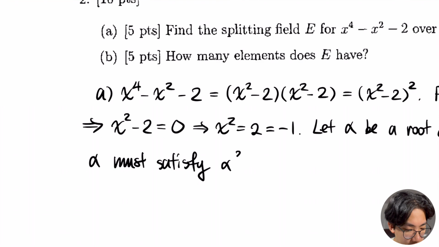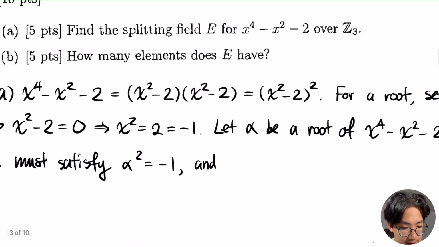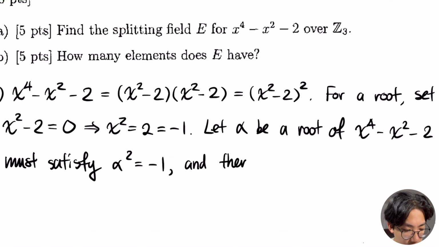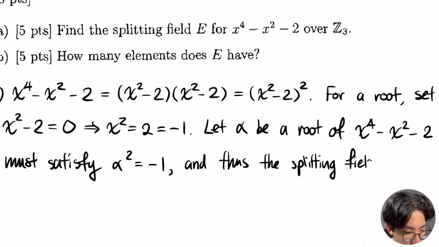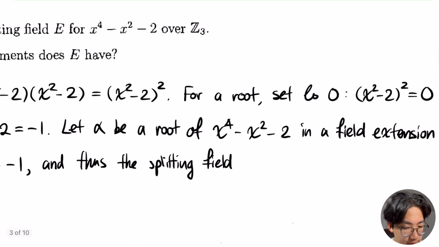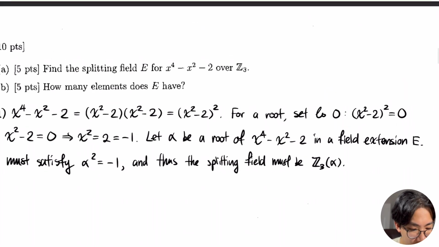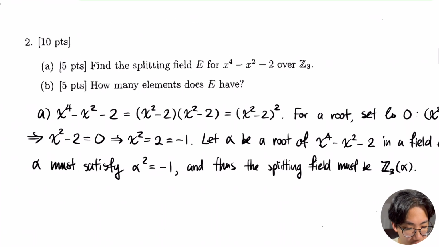So we just have alpha squared is equal to -1. And from this, we can then conclude that thus the splitting field of this polynomial must be Z3 adjoined alpha.